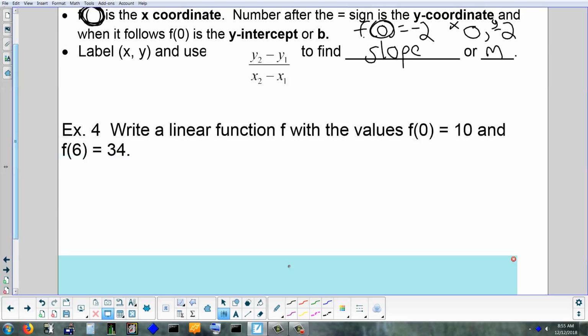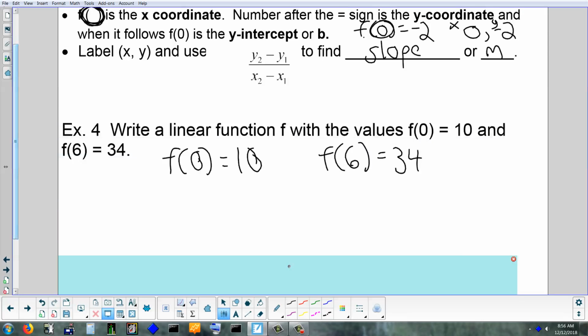Write a linear function with the values f of 0 equals 10 and f of 6 equals 34. So we get f of 0 equals 10 and f of 6 equals 34.